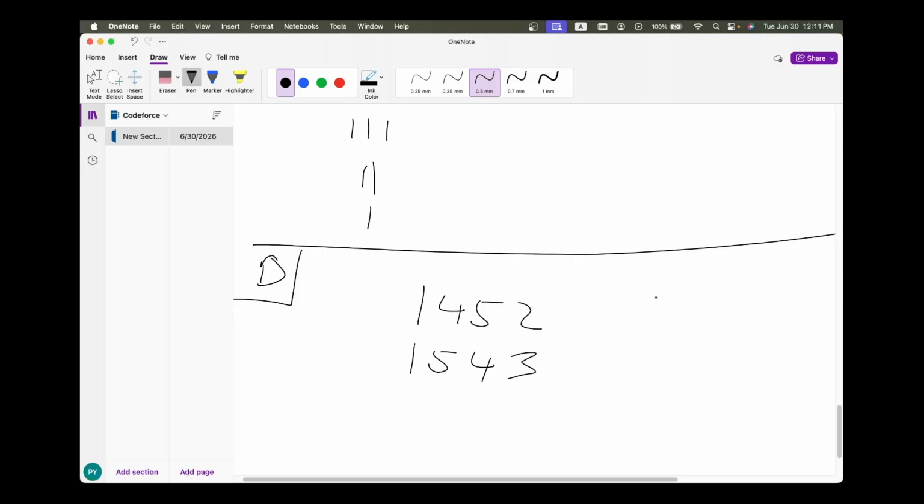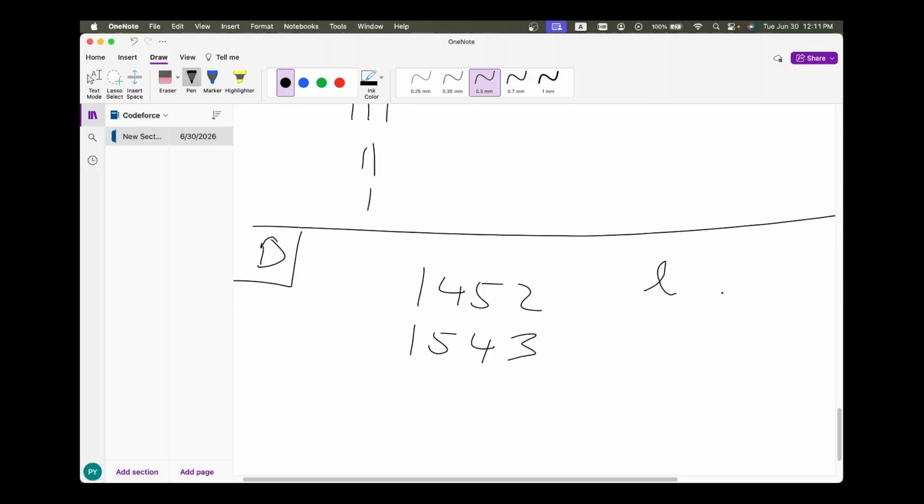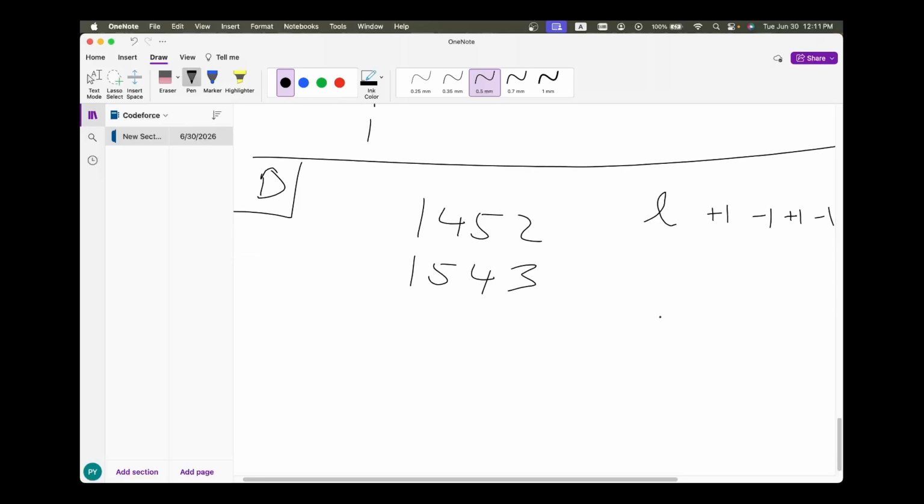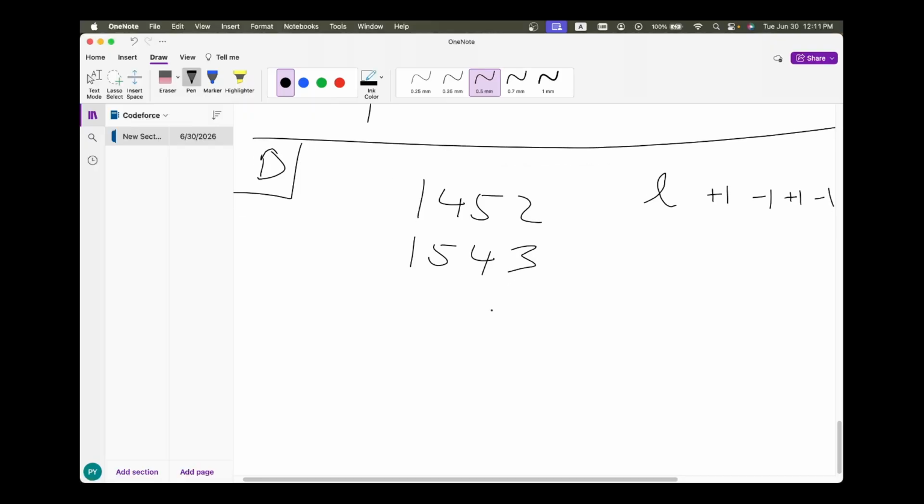The operation allows you to select any starting index L and start adding 1 to the element at position L, and then the next element is -1, then +1, then -1. Since you can select R to end anywhere you want, what we notice is that whenever A_i is smaller than B_i, you can just force A_i to be equal to B_i.